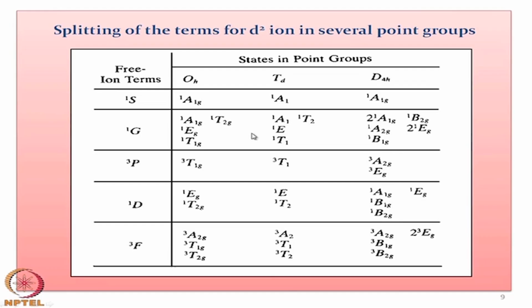And these values can give rise to the corresponding values for these different terms, where we can find out that these are the corresponding spectroscopic terms, and among these spectroscopic terms we can have the corresponding transitions.